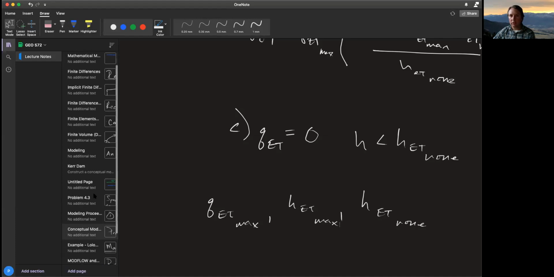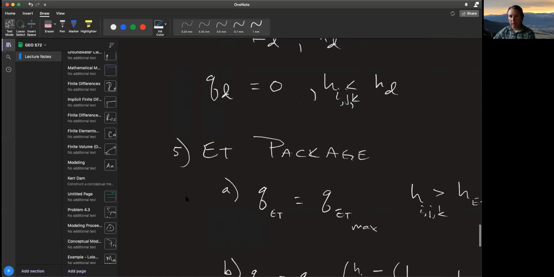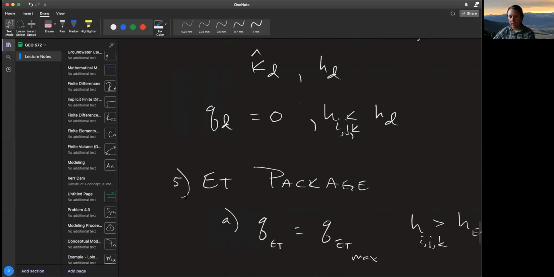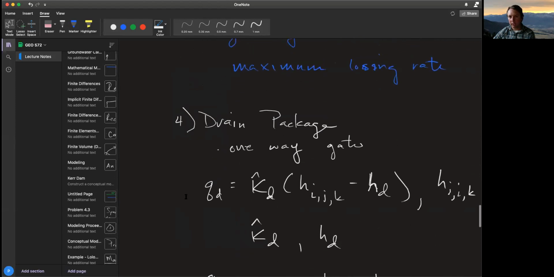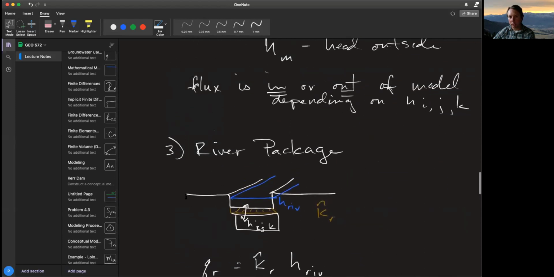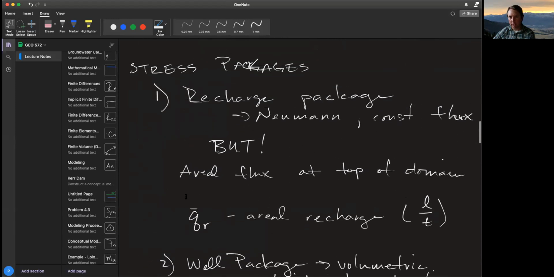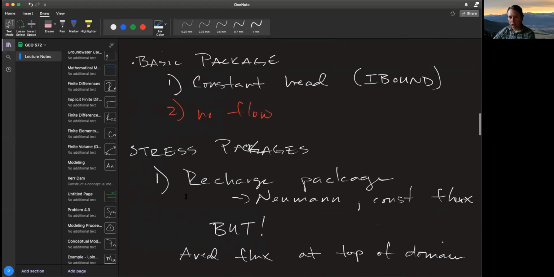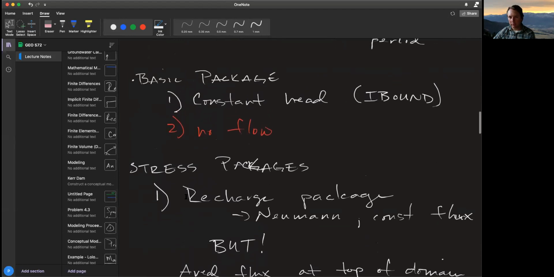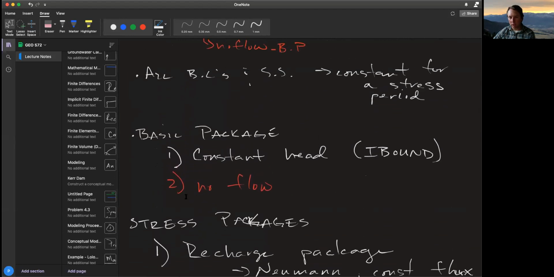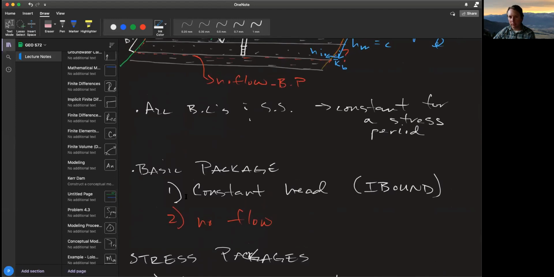These are the boundary condition implementations we get in MODFLOW. We get an ET package, a drain package, a river package, a general head, and then recharge, constant flux, or constant head, I-bound.